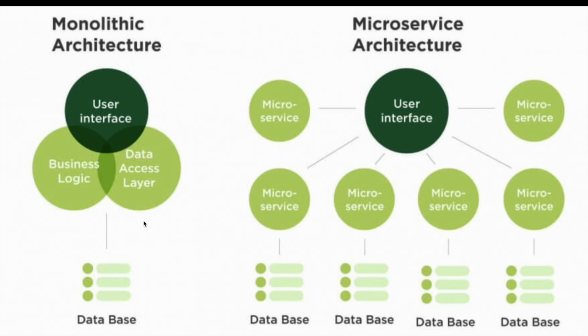But in case of microservice architecture, you can break your business logic into multiple functionalities, multiple modules, and you can make one microservice for any module or any functionality. Like if you are going to develop a user service, you can make a user service. If you are going to make a payment service, you can make a payment service.